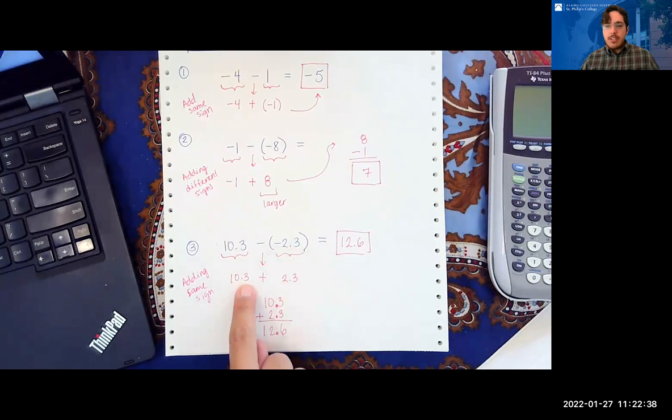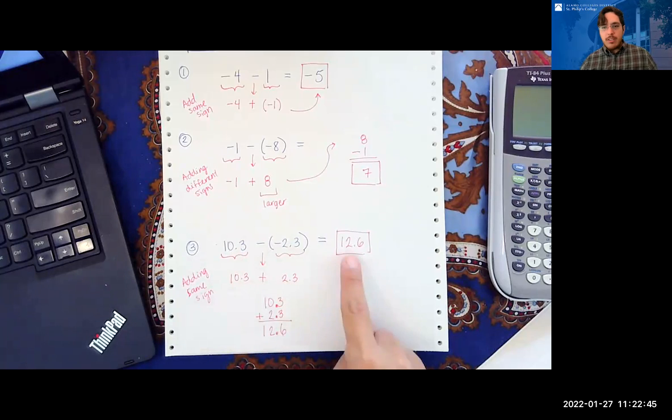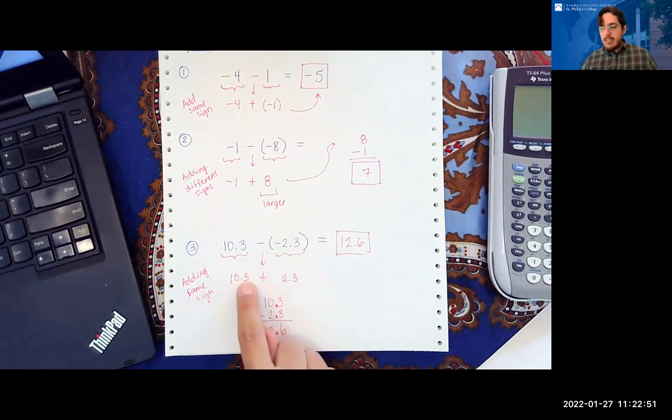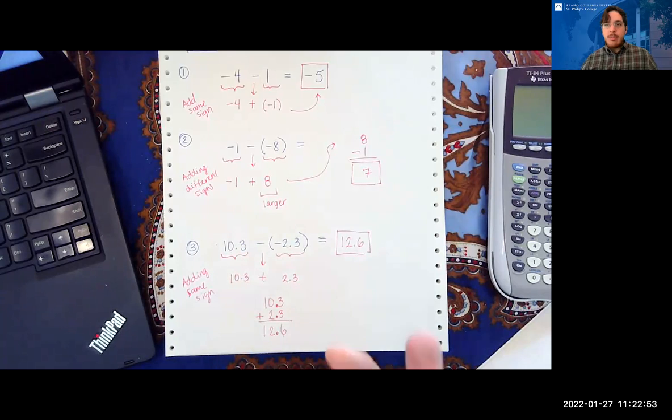If you have $10.30 and you add $2.30, you should have $12.60, right? Because they're both positive amounts, so you should stay positive because you're just accumulating money. Oh, okay, makes sense now.